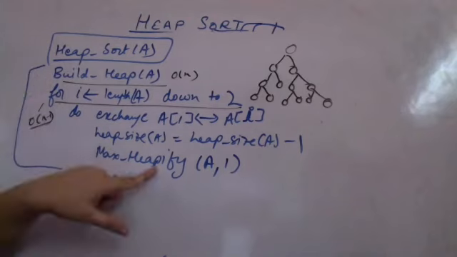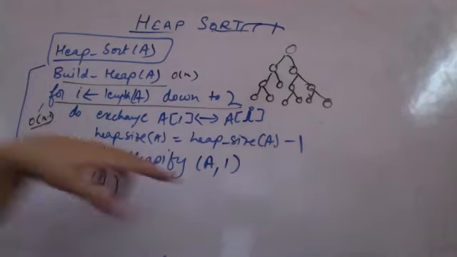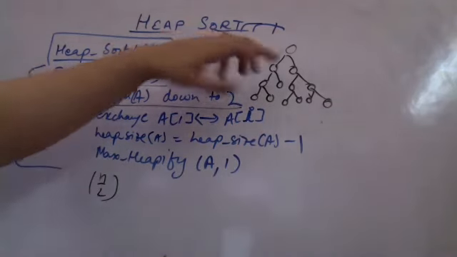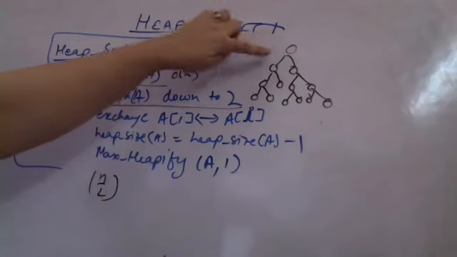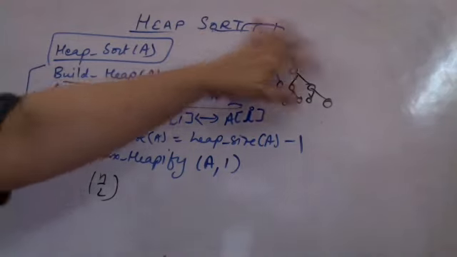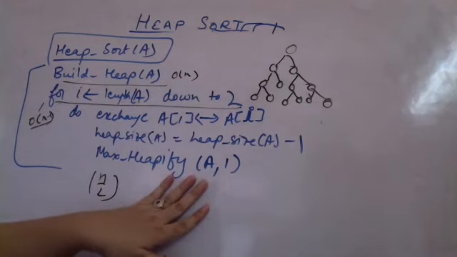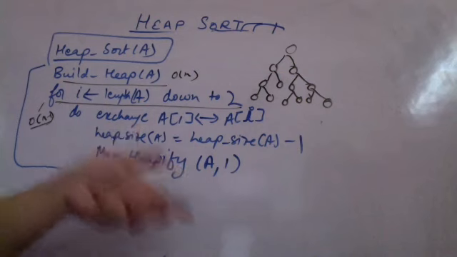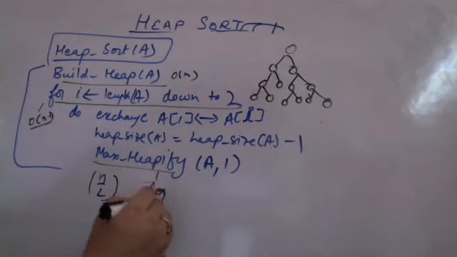How many times is this max heapify called? Supposing the worst case, where everything is wrongly placed, then 1, 2, 3, 4, so max heapify will be called as many times as the number of levels in the tree. Or I can say that this max heapify is called log n times.